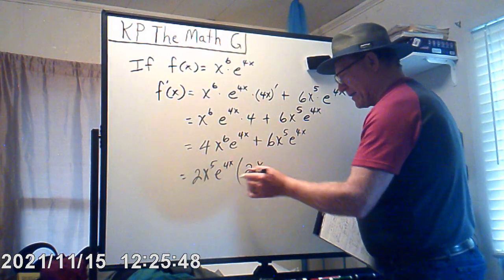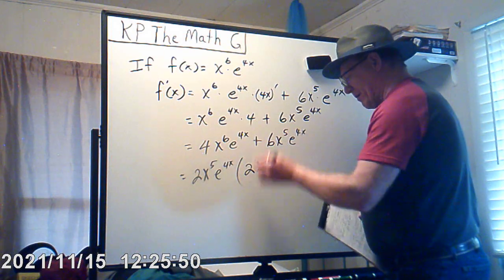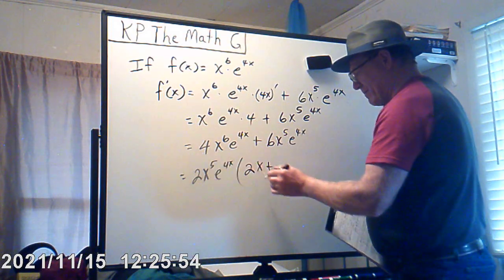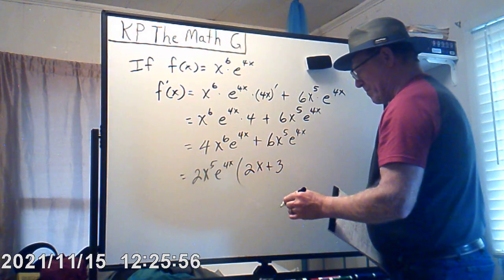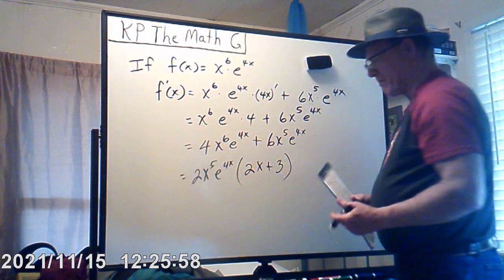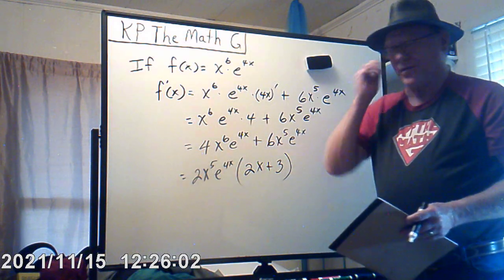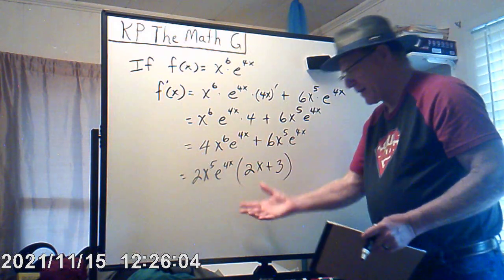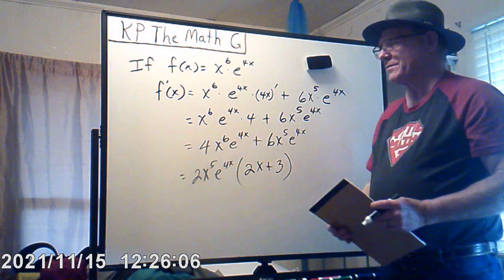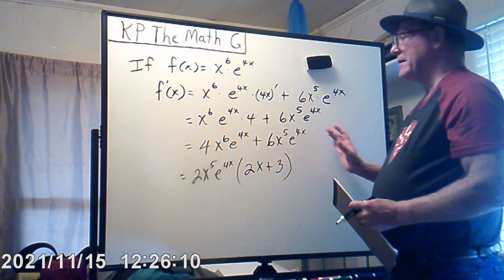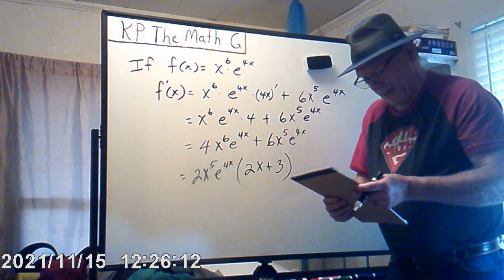One more x. We don't need an e, that's already taken care of here. Plus, alright, 2 times 3 is 6. And that's it. So it may be written like this. So that is the derivative with an e function in it.